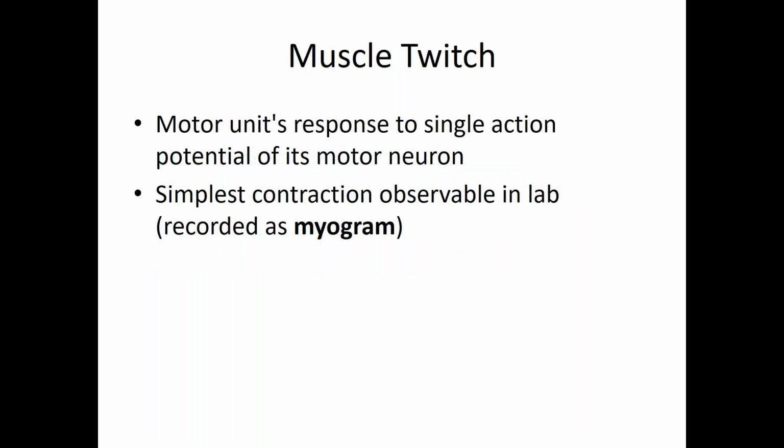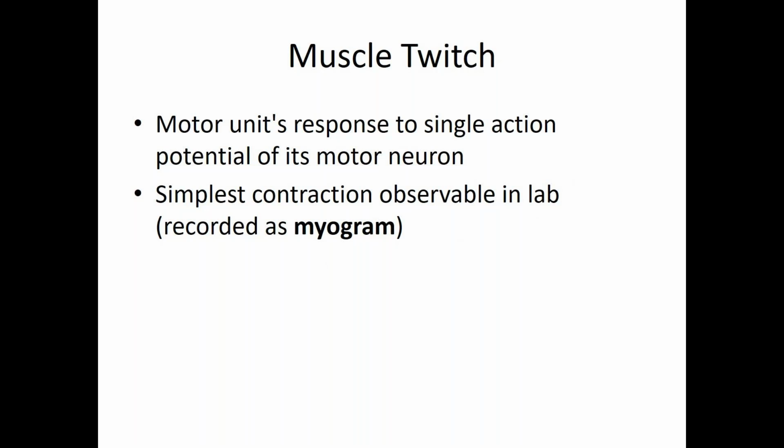When we look at the actual force applied by a muscle fiber or a muscle altogether, we're going to do so based upon something called a muscle twitch. Now, a muscle twitch is a laboratory-only kind of thing, in that it is the response of a motor unit to a single action potential.